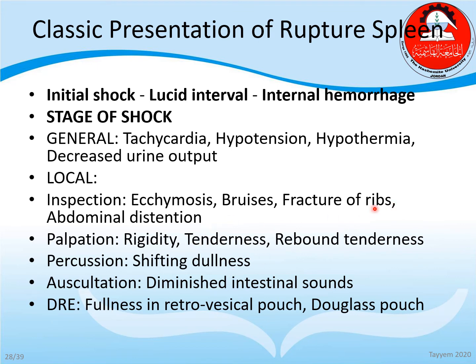You could feel rib fracture and abdominal distension. The abdomen will be rigid and tender, and on percussion you might elicit shifting dullness, and on auscultation there will be diminished bowel sounds. On PR examination, you could feel fullness in the retrovesical pouch or Douglas pouch.